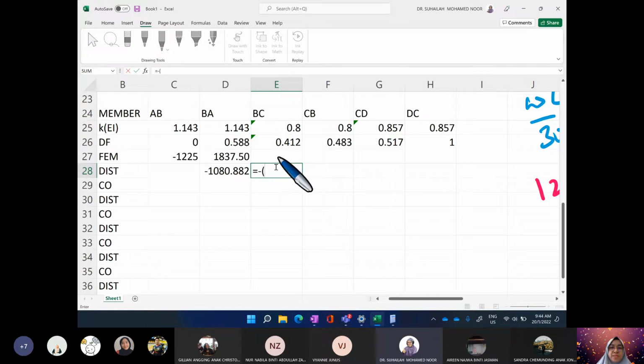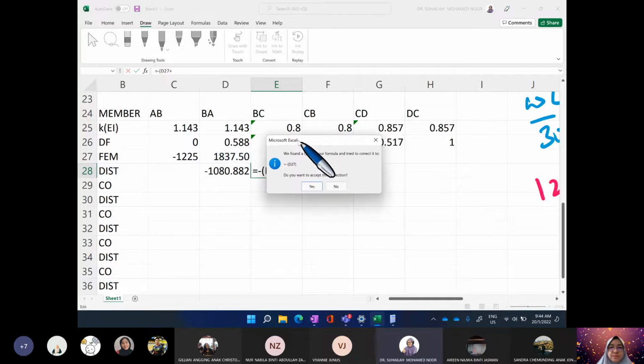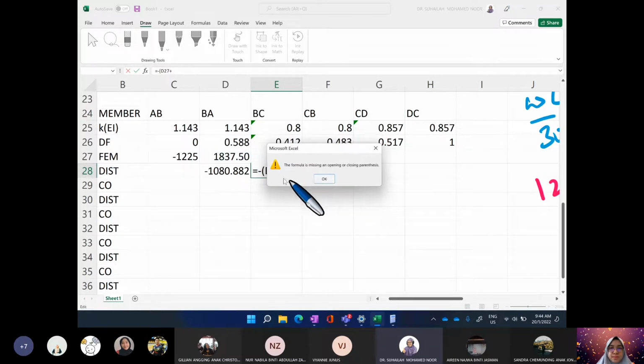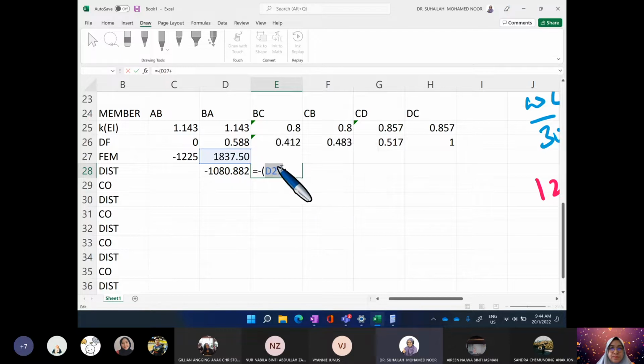So we do the same for BC. It is this plus this, times with the distribution factor.